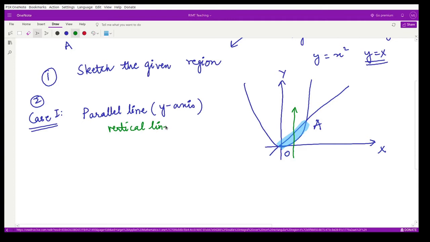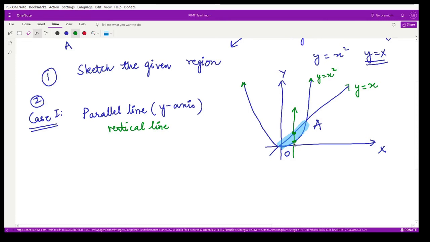Here you will note at which point it enters this region and at which point it leaves this region. This line has equation y is equal to x, and this parabola has equation y is equal to x square. So this vertical line is entering this region at this point, and this point corresponds to this particular parabola.